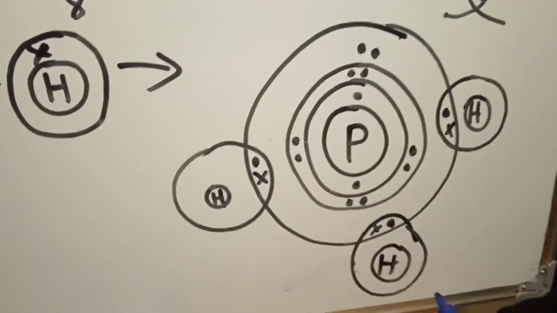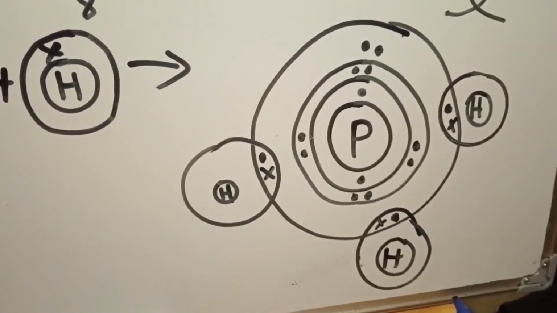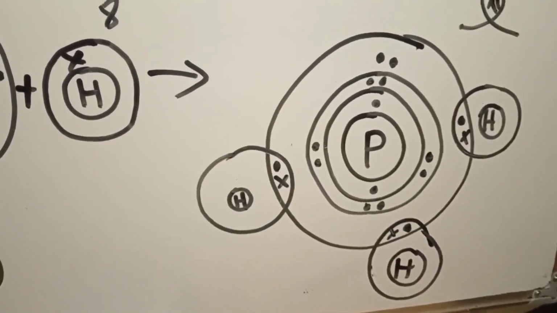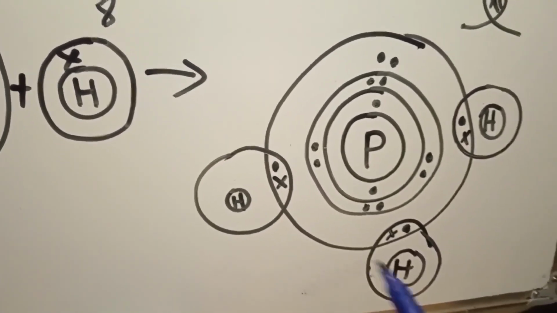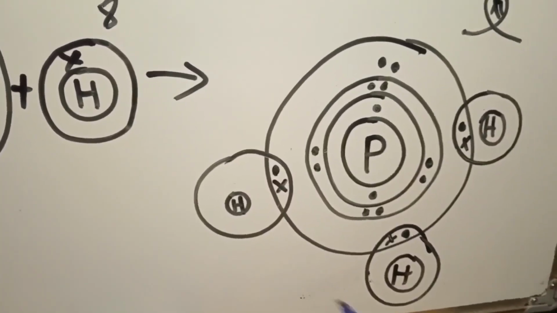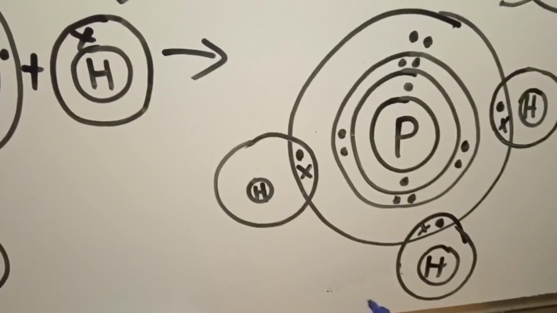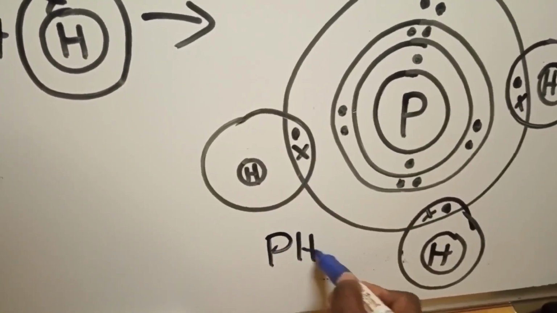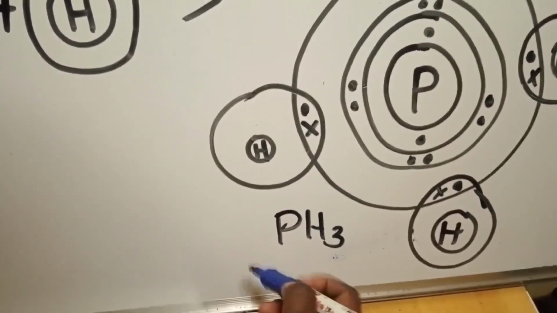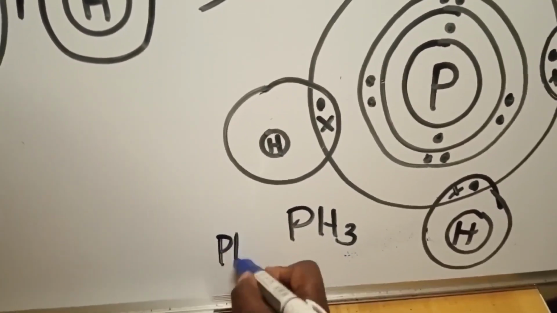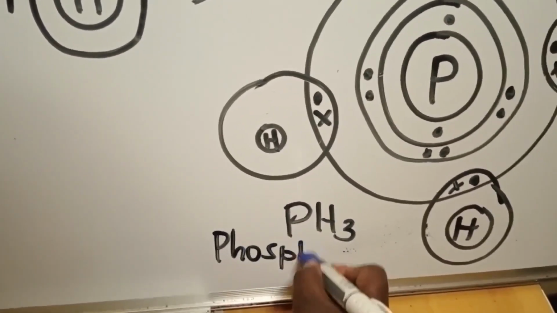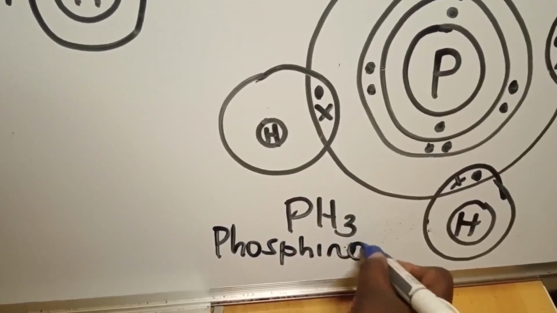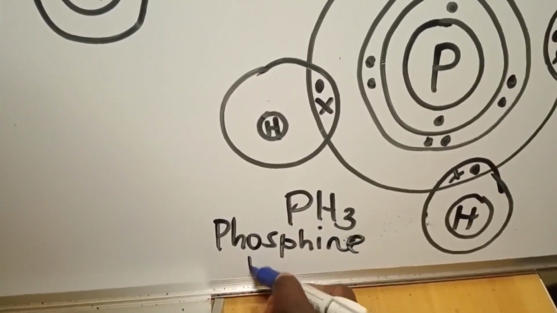So our phosphorus is also stable with 8 electrons in the outermost energy level, and our phosphine molecule is already complete. So this is now the phosphine molecule. You can even write the name. It is the phosphine molecule.